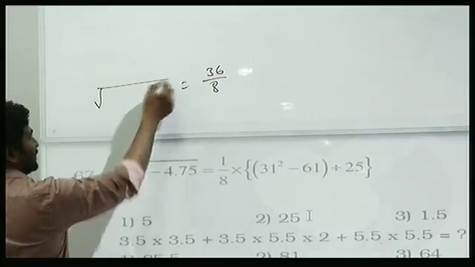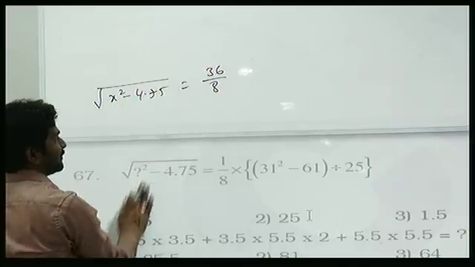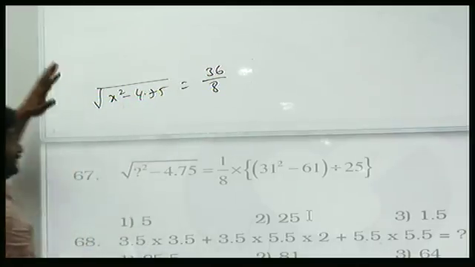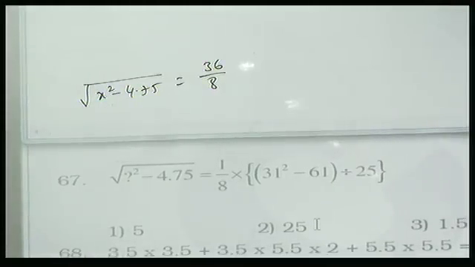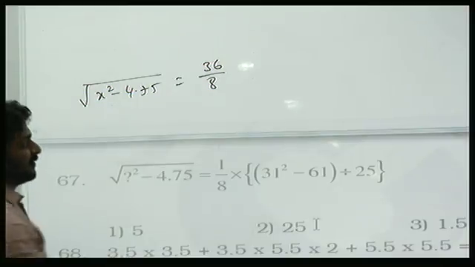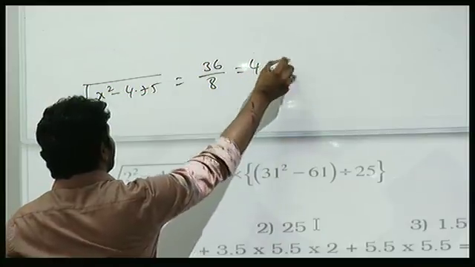Now, under root x square minus 4.75. Squaring on both sides, sir. No. This is equal to 4.5.